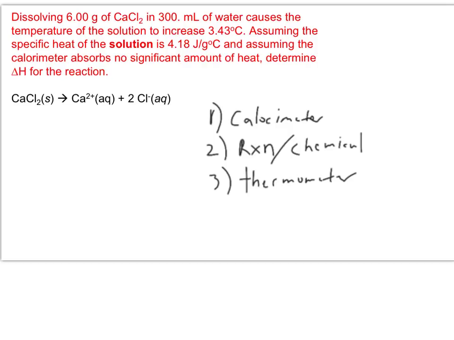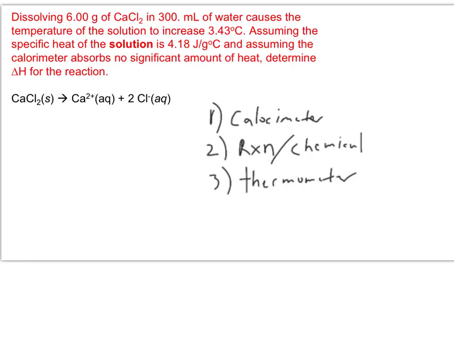So here, what's going on is 6 grams of calcium chloride is being dissolved in 3 milliliters of water, and that causes the temperature of the solution to increase 3.43 degrees Celsius. Assuming the specific heat of the solution is 4.18 joules per gram degree Celsius, the specific heat capacity of water, and assuming the calorimeter absorbs no significant amount of heat, determine the enthalpy for the reaction.